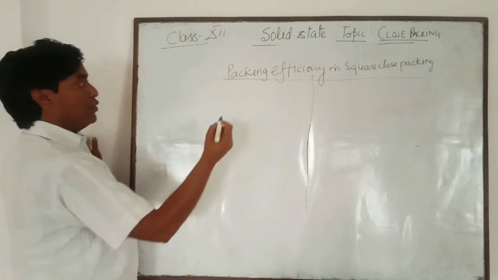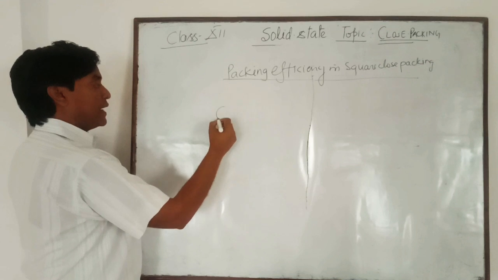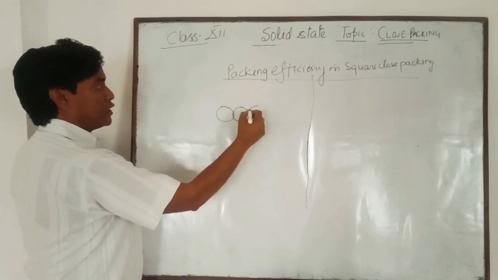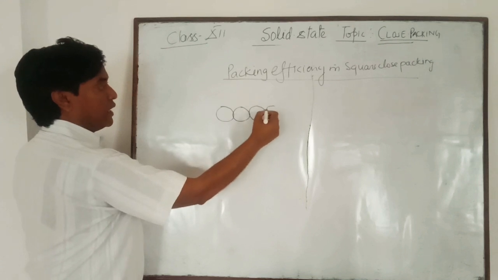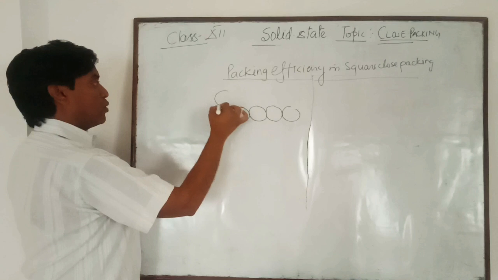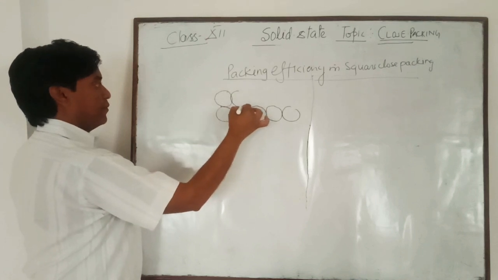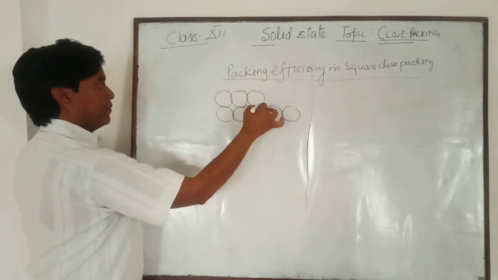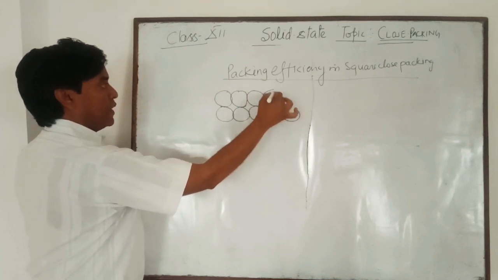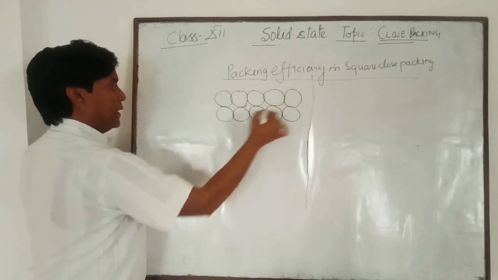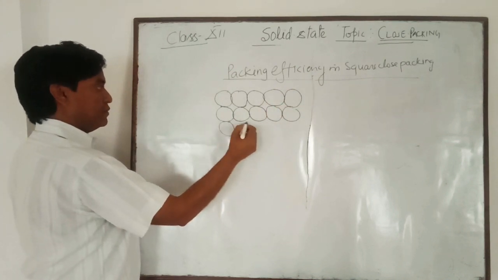Beta, once again, do you know what square close packing is? Packing in which spheres lie vertically over each other is known as square close packing. Beta, here that is square close packing, and this is a third row.